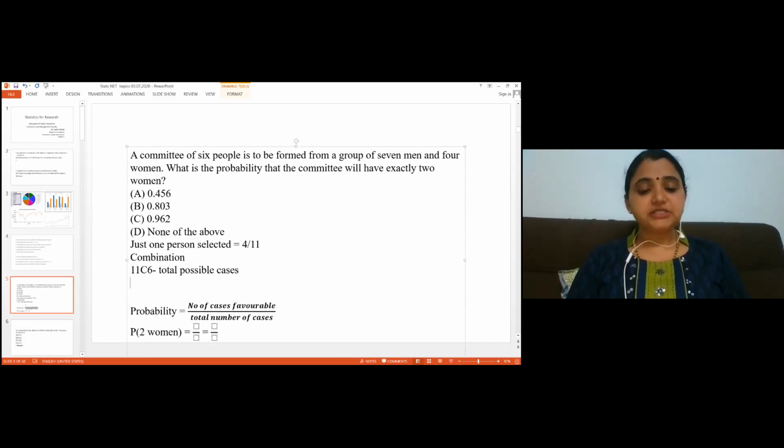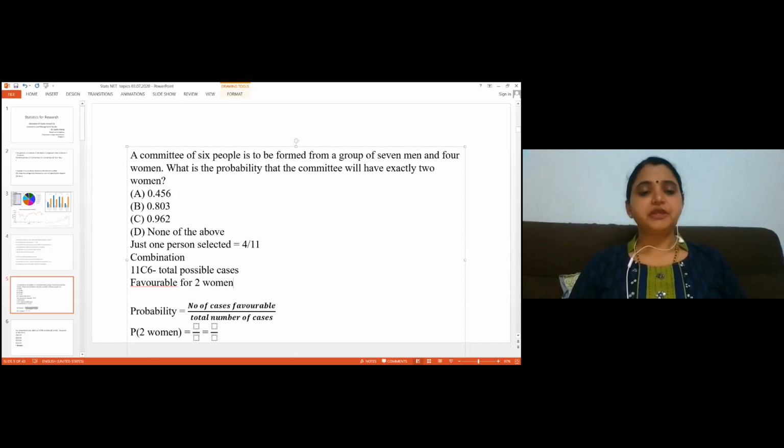What is favorable for women? For 2 women from among 6 women, how do I get 2? I am trying to get all possible combinations of 2.